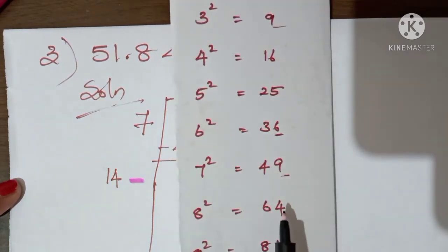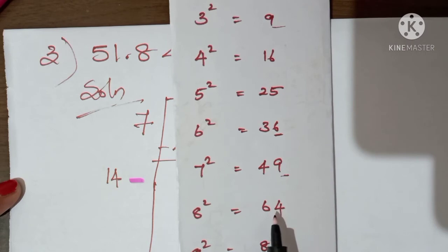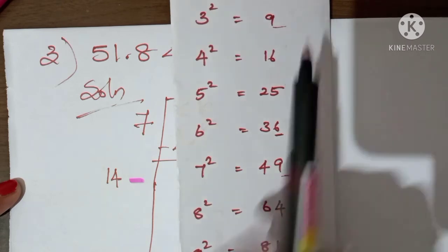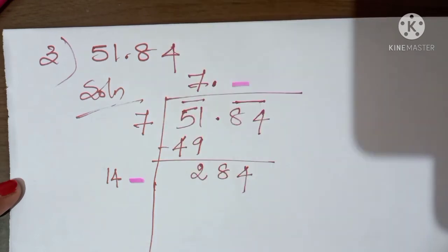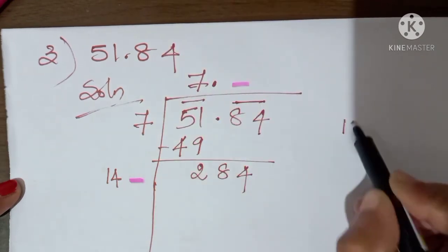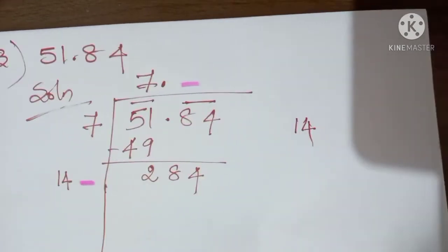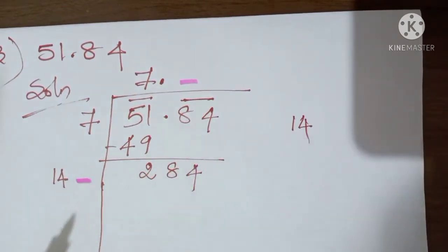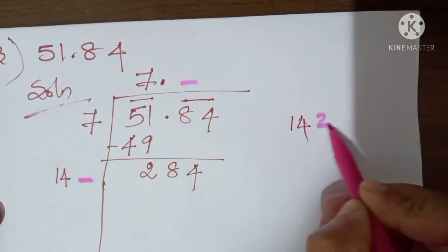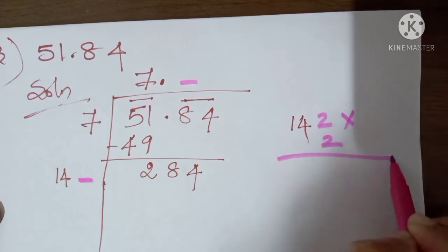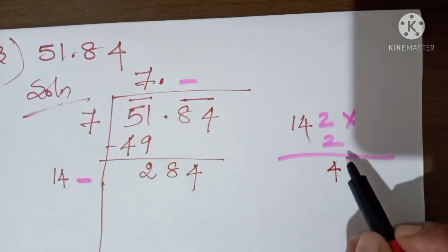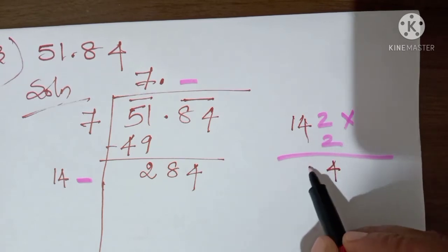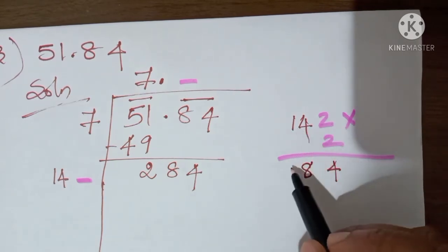Next we have here in the ones place 8, 8 8s are 64. So first we will check it for this 2. So 14, here I will be substituting 2. 2 into 2, 2 2s are 4, 4 2s are 8, 1 2 is 2.